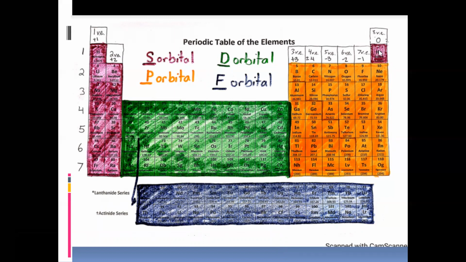So one thing you have to understand when we're talking about electrons is that each space on the periodic table not only represents an atom, but if you're counting orbitals and you're counting electron configurations, it also represents 1 electron.